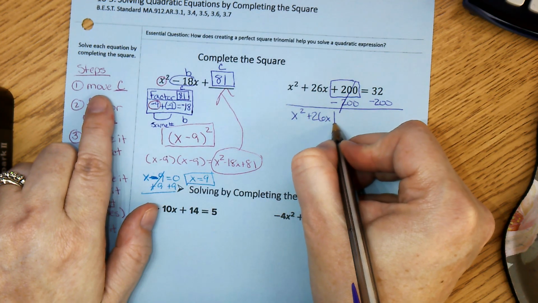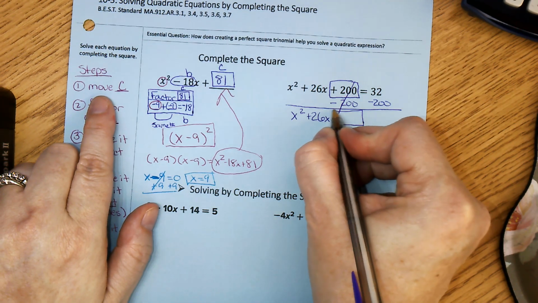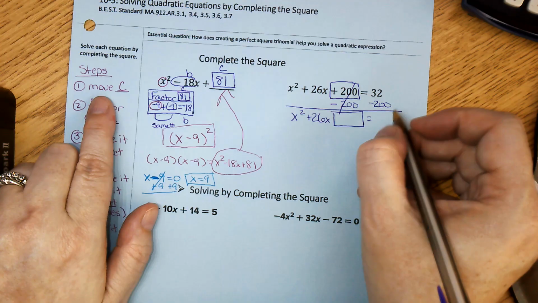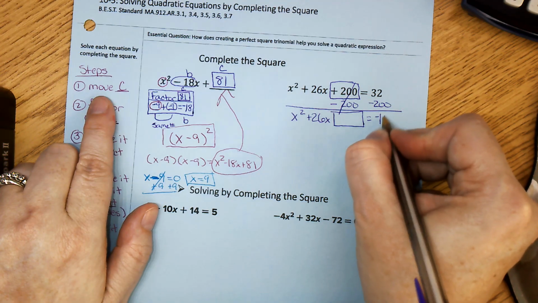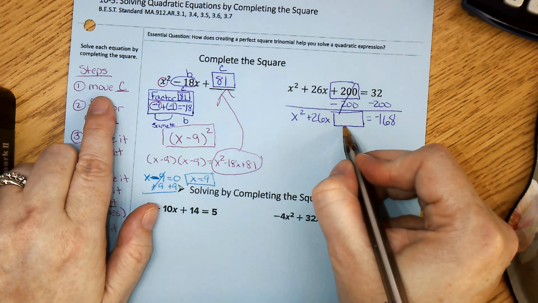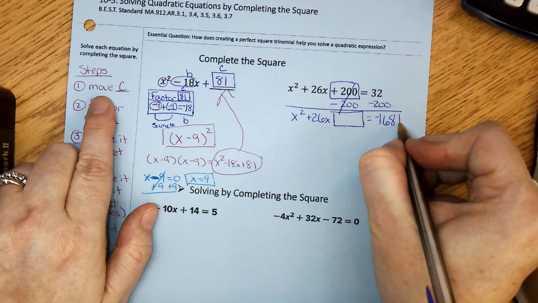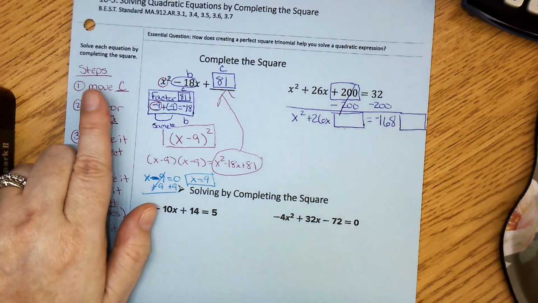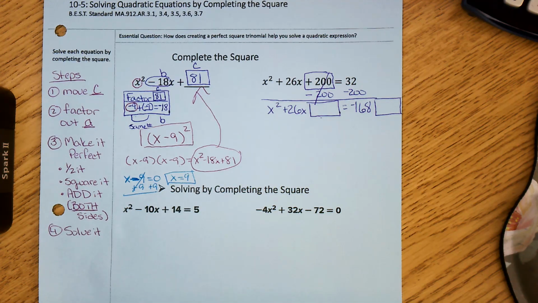We now have an empty box. We're adding, and 32 minus 200 is minus 168. And since we have an empty box on the left, we're going to add an empty box on the right. We're going to fill them here shortly, but this is going to remind us that what we do on the left, we must do on the right, so we have 2 empty boxes.